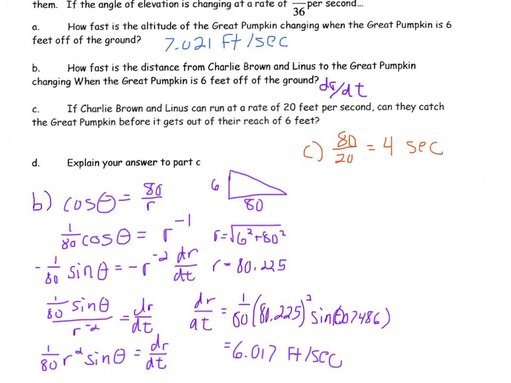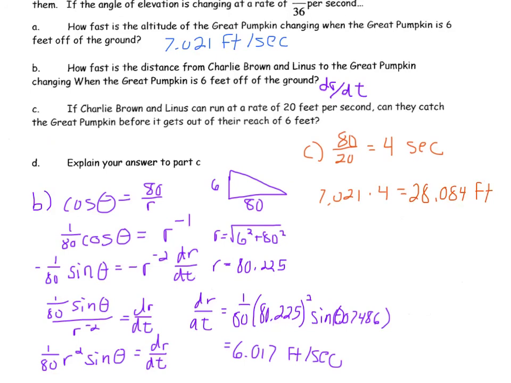However, from part A, we know that the Great Pumpkin rises at a rate of 7.02 feet per second. So if we multiply 7.02 times 4, it's definitely going to be out of their reach of 6 feet. It will be all the way up at 28.084 feet by the time that they get there.